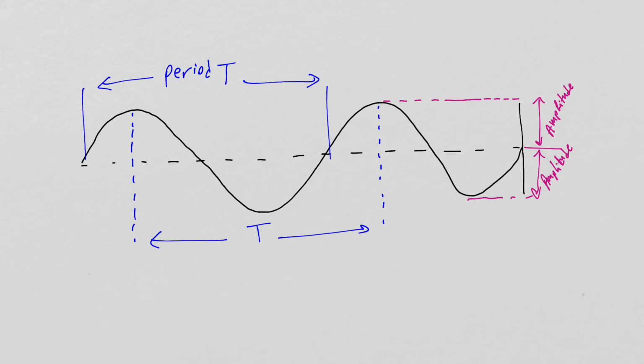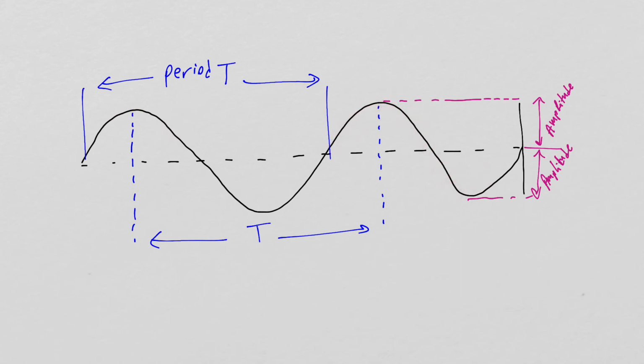The wavelength of a periodic wave is defined as the distance between 2 points on the waveform beyond which the shape of the waveform repeats itself. So the wavelength can be found by considering any 2 such points. So what does that mean? Well, again, here are 2 points of the waveform beyond which the shape of the wave starts to repeat itself.